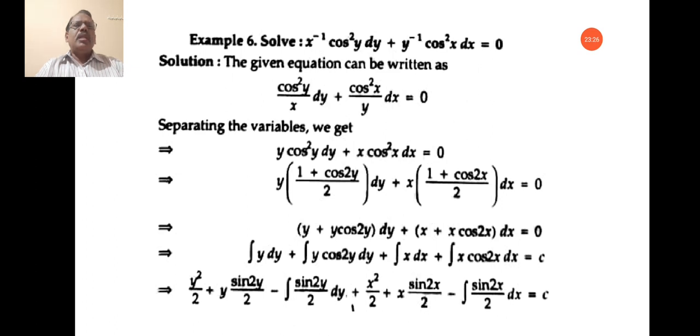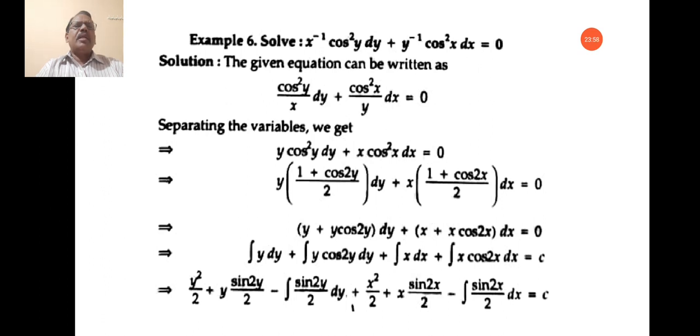So y into 1 plus cos 2y divided by 2 into dy plus x into 1 plus cos 2x divided by 2 into dx equal to 0. Multiply by 2. So y plus y cos 2y dy plus x plus x cos 2x dx is equal to 0. After this we have to apply integration.